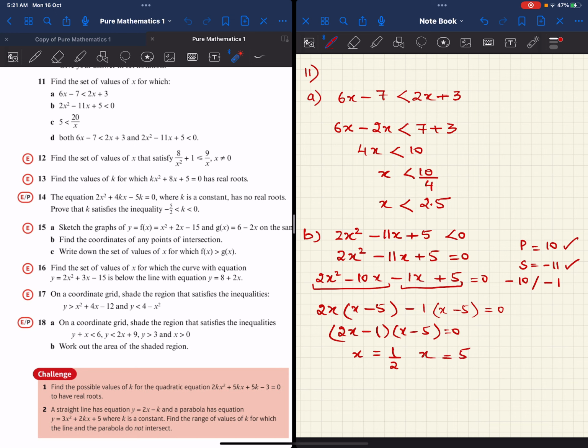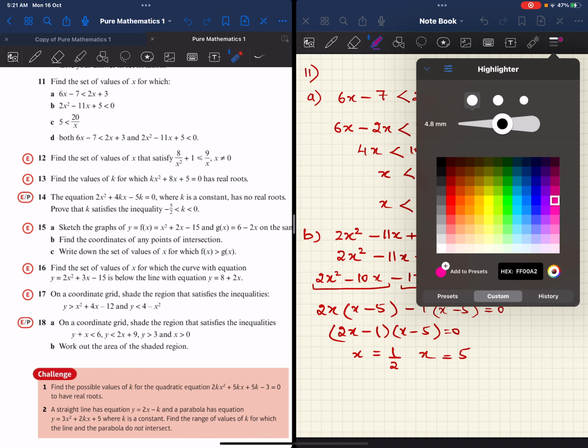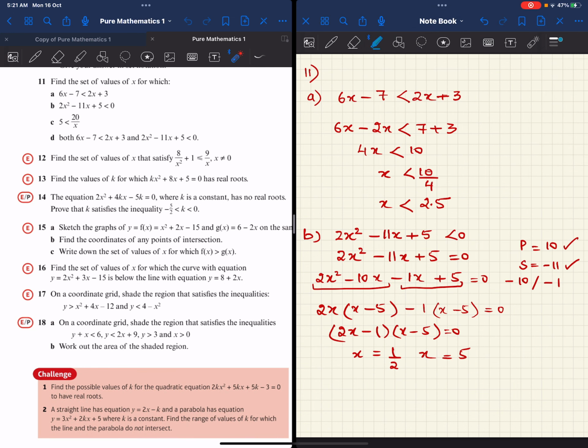Now, since this is a quadratic inequality, which means that I have to solve for less than 0, I will first sketch the curve. So this is (5, 0), which I got from here, and this is (half, 0).